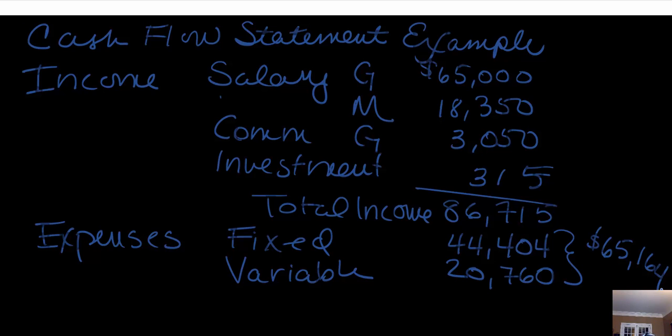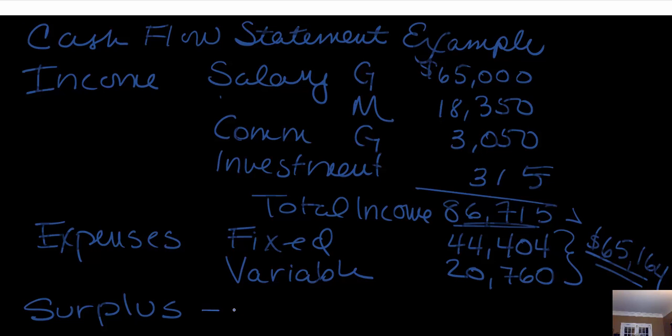So now what we need to know is, do they have a surplus or a deficit? Well, I know they're going to have a surplus because their income is greater than their expenses. It would only be a deficit if income was less than expenses.